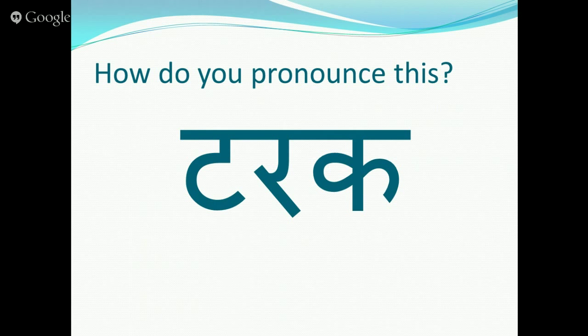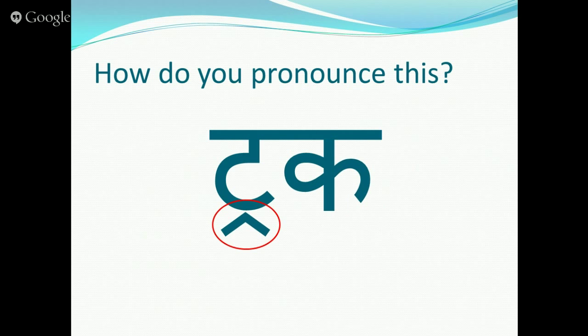So how would we pronounce this? So this would be ta, ra. And how would we pronounce this? Do you notice Mr. Roof anywhere in this picture?